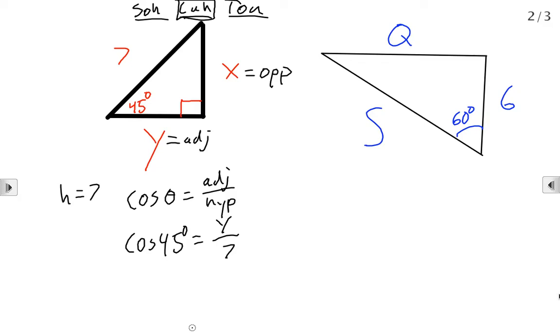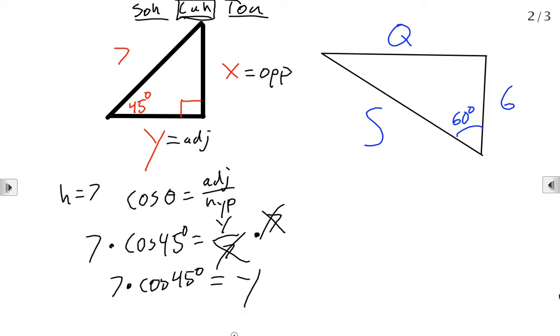We're looking for y, so let's get rid of divide by 7 by multiplying by 7. Whatever you do on one side of the equation, you have to do on the other. So y will be whatever 7 times the cosine of 45 degrees is.